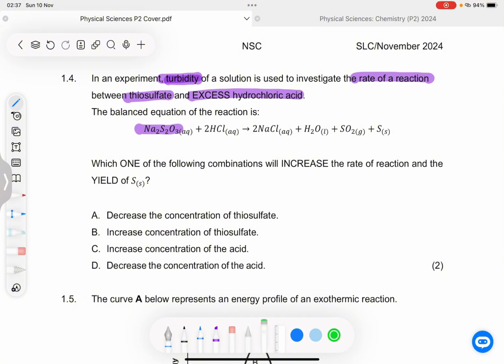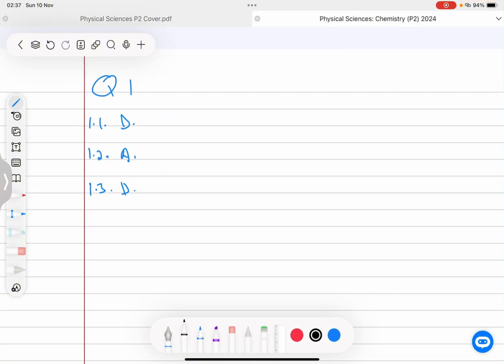Now what do they mean here? Let me try to draw this so that we can have a mental picture of this situation. Let's say you have this reaction occurring in a beaker like this.